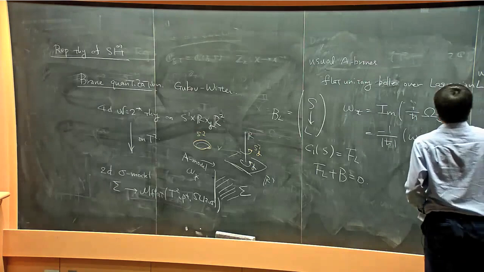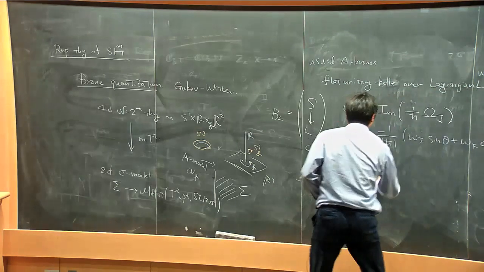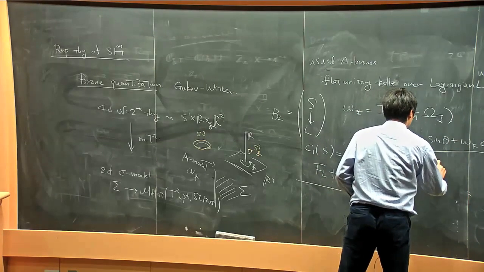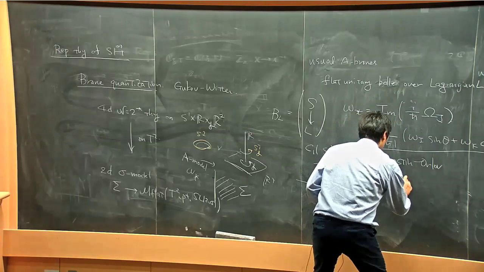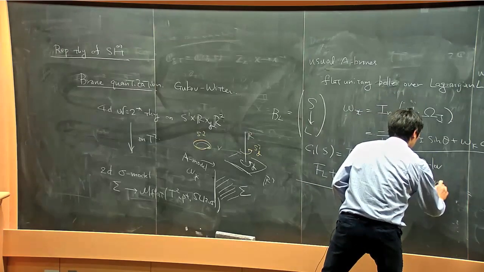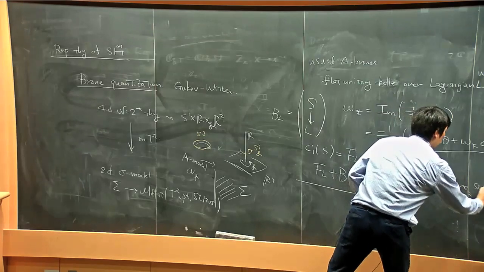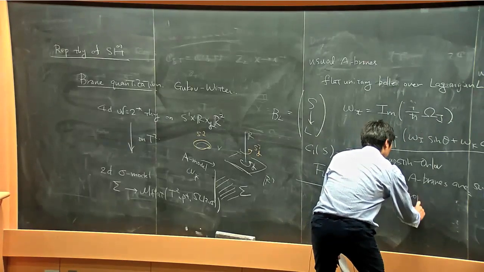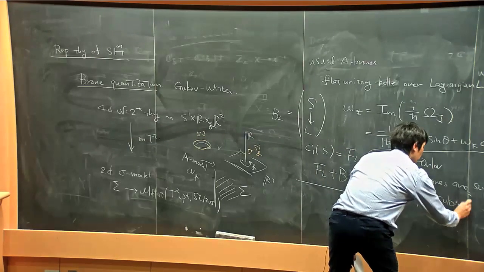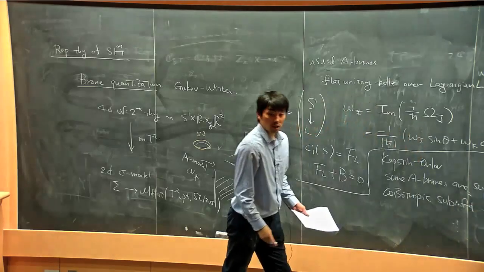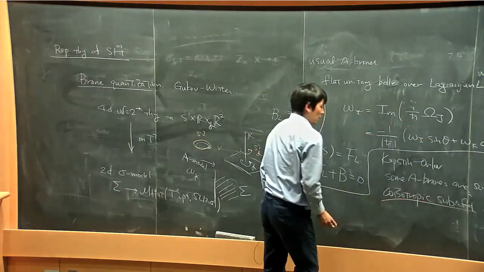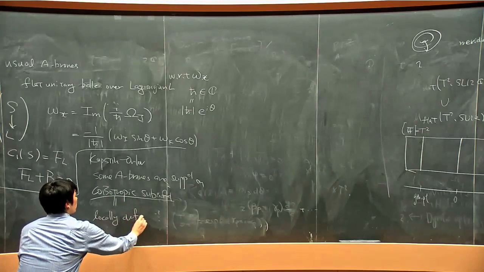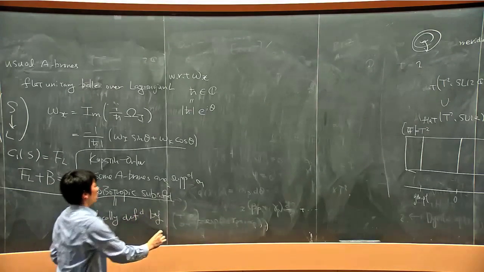However, Kapustin and Orlov showed that some A-branes are supported on isotropic submanifolds. A coisotropic submanifold is a submanifold locally defined by Poisson commuting functions.